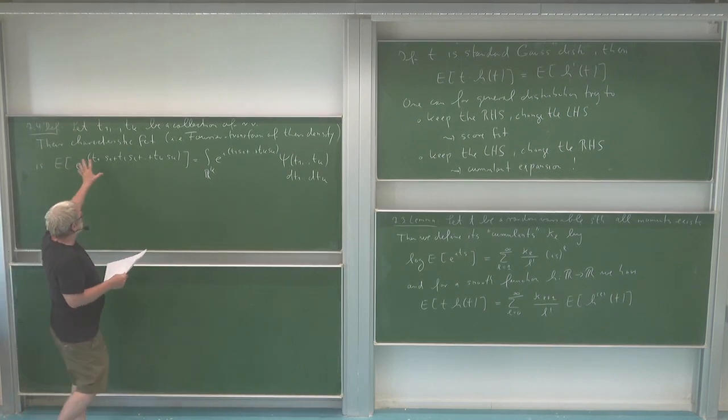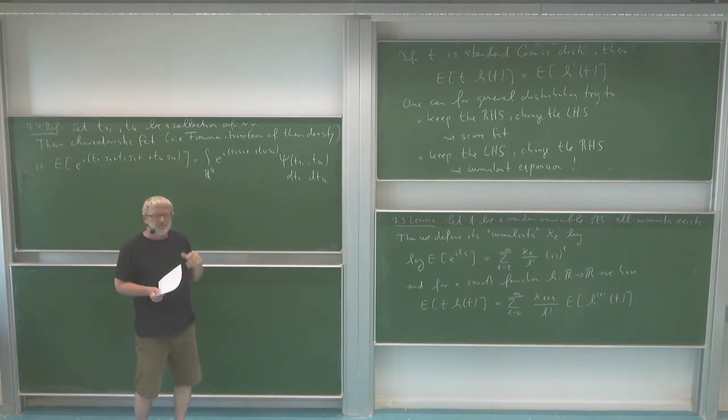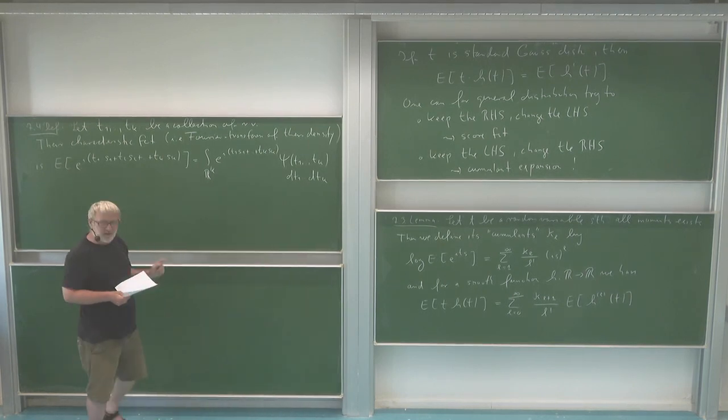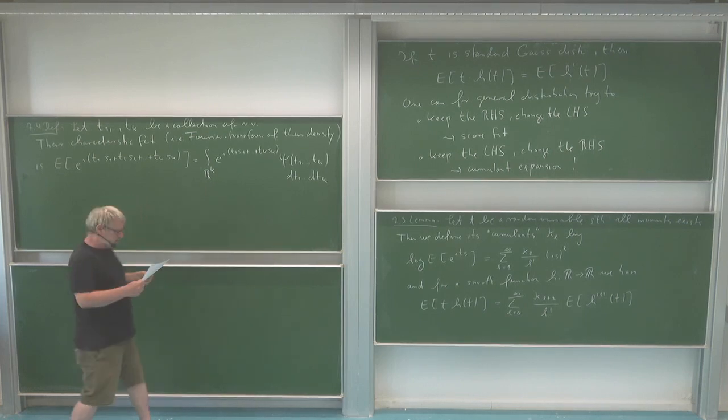And of course, if you multiply this out and do a power series expansion, the coefficients there will be the moments of your variables. But now, instead of the moments, instead of doing the power series expansion of this function, we do the power series expansion of the logarithm of this, and then we get other coefficients, and we call them cumulants.